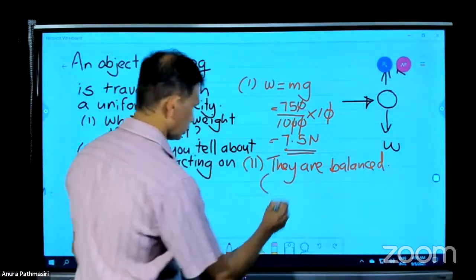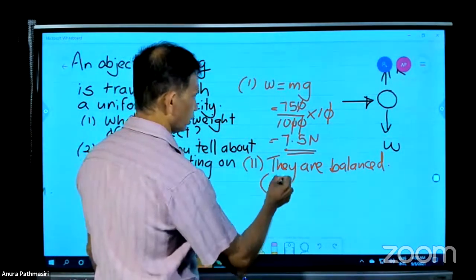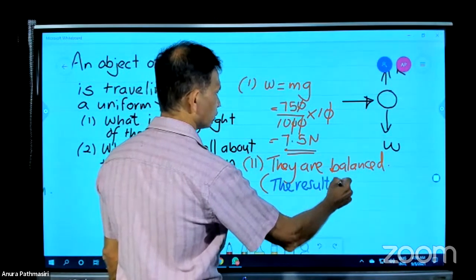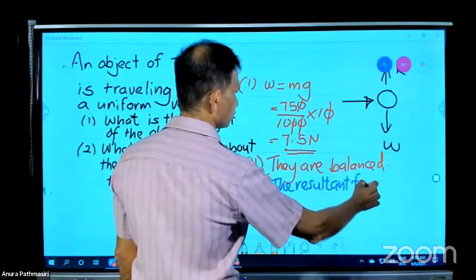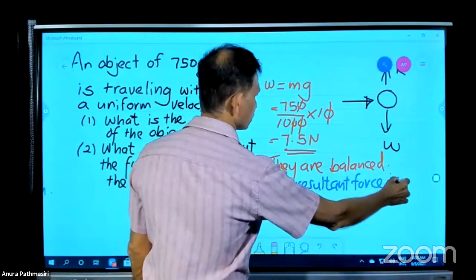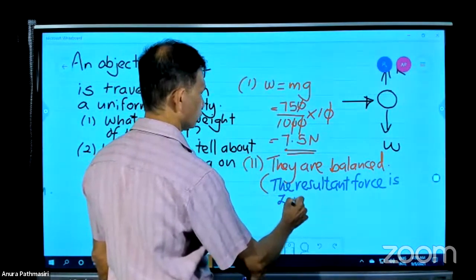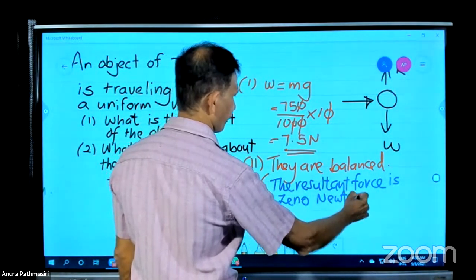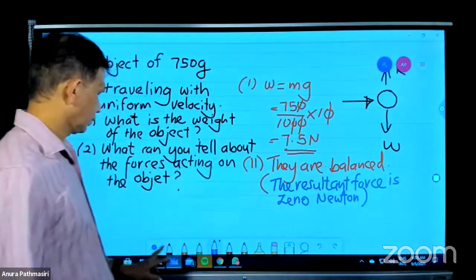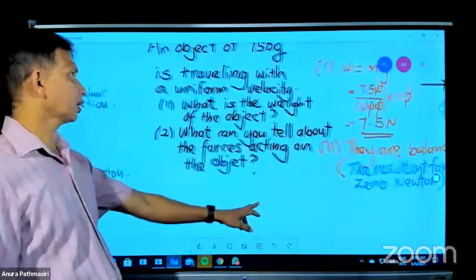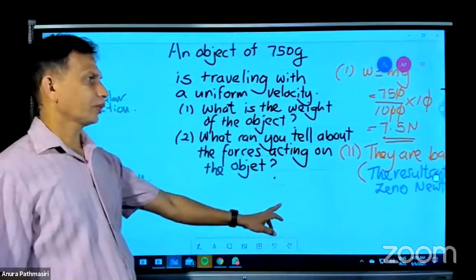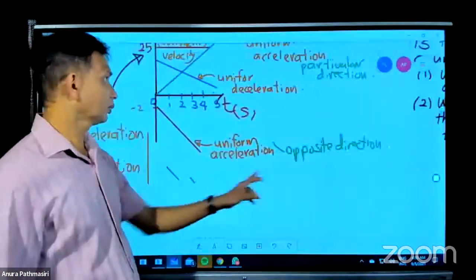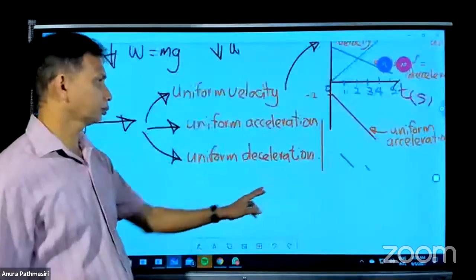They are balanced, or in other words, the resultant force is 0 Newton. That is how we have to understand that. Well, we try to understand the first law of motion.